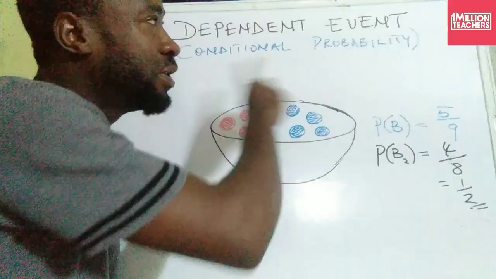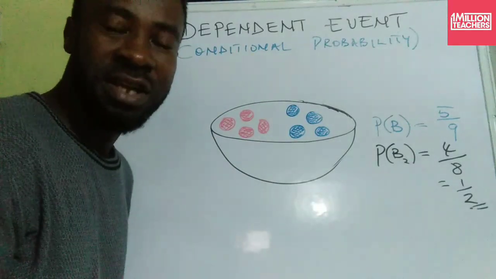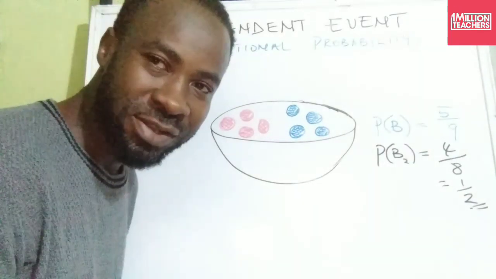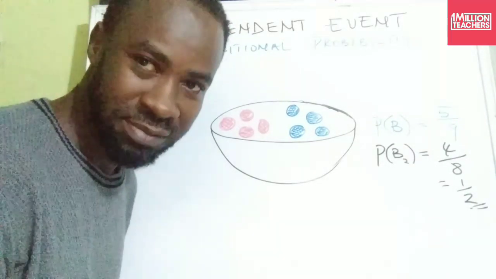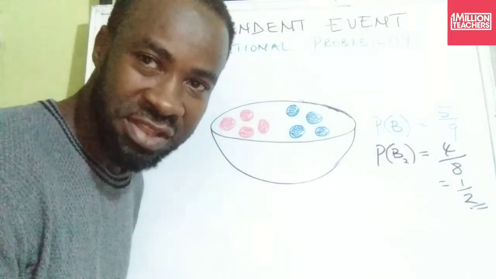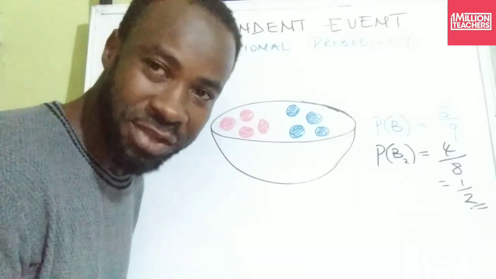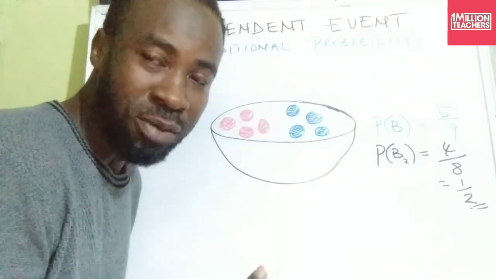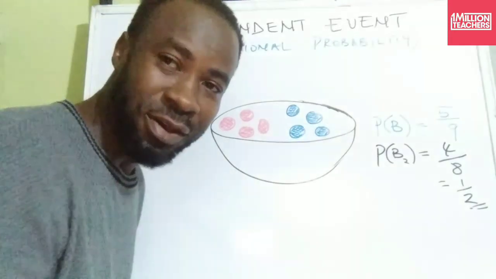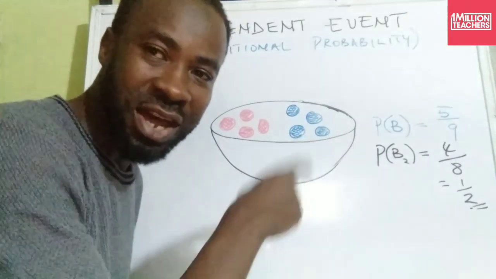So that is what we call dependent event. And the probabilities of dependent events are known as conditional probability. So dependent events are simply events in which the outcome of one of the events depends on the outcome of the previous event.